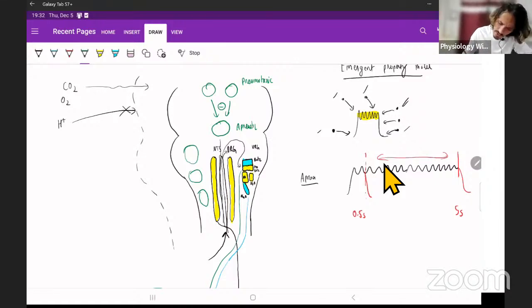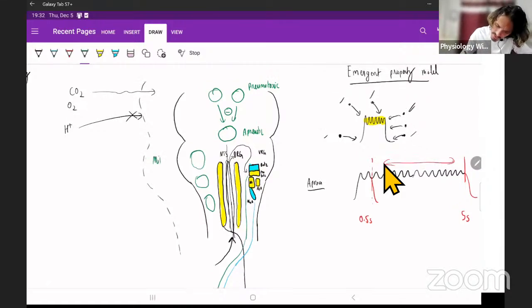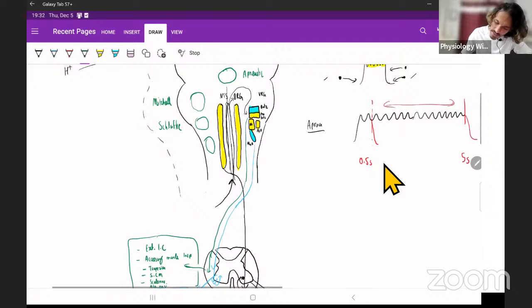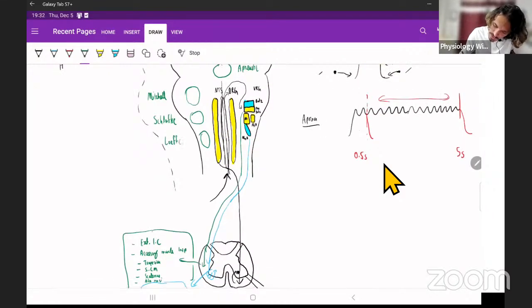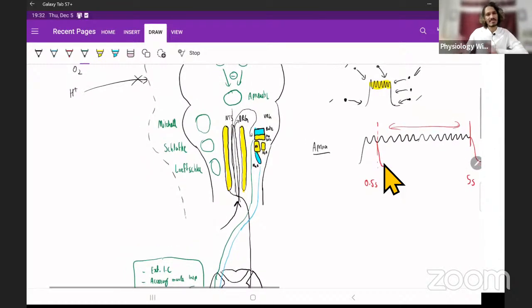I'm just putting them down in case somebody needs them. This area is called Mitchell. This area is called Schlafke. And this area is called Loschke. Again, not required of you to remember, but if you need it, you can use it.